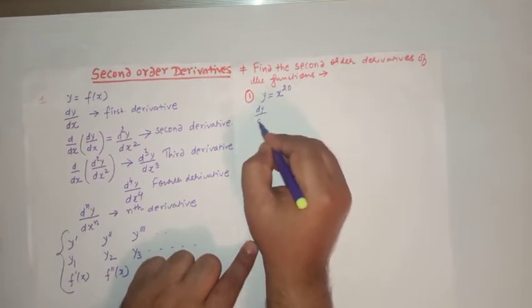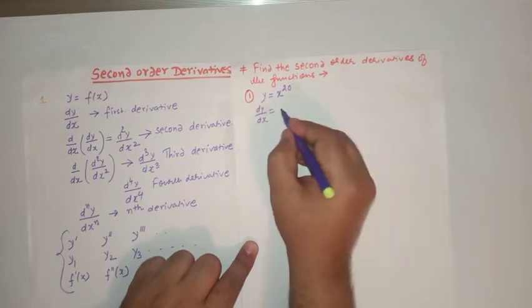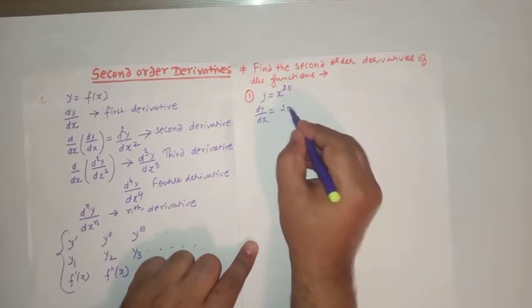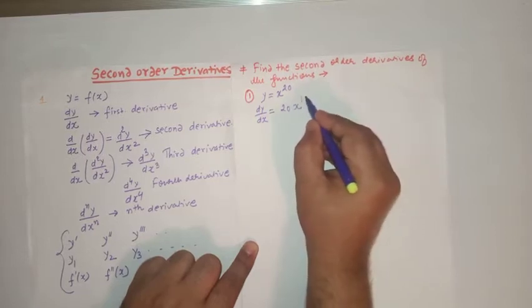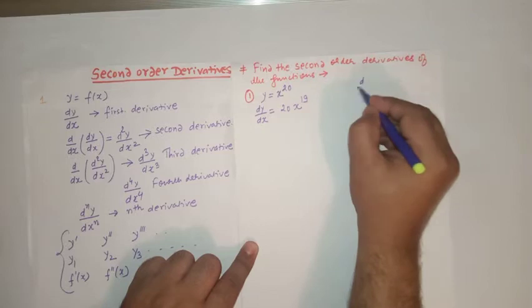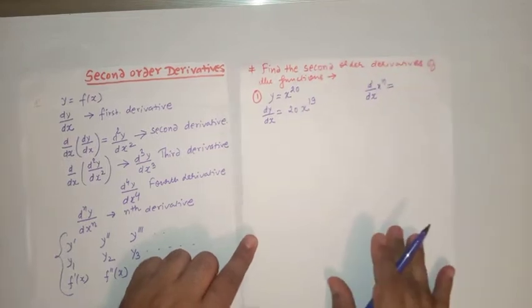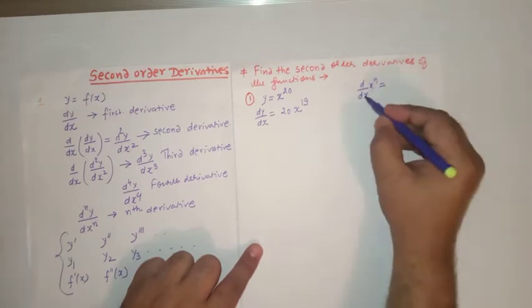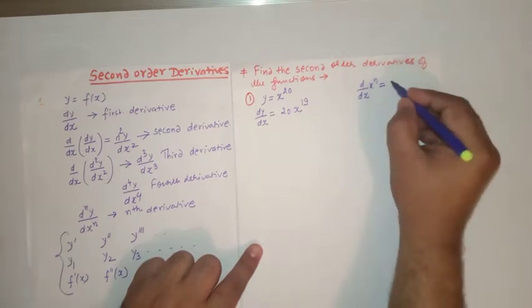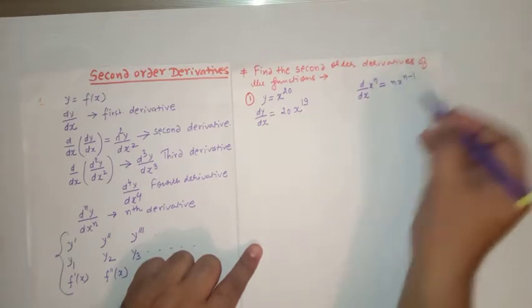Now dy over dx is the derivative of x raised to 20, which is 20 times x raised to 19, because here we have applied the formula for the derivative of x raised to n, this is n x raised to n minus 1.